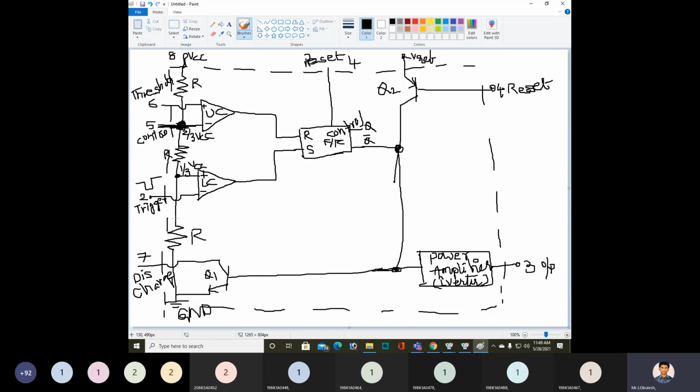Then we get 1 by 3 VCC. This voltage is given as the reference voltage to the lower comparator. So 1 by 3 VCC is the reference voltage to your lower comparator, and 2 by 3 VCC is the reference voltage for your upper comparator based on the voltage divider rule.